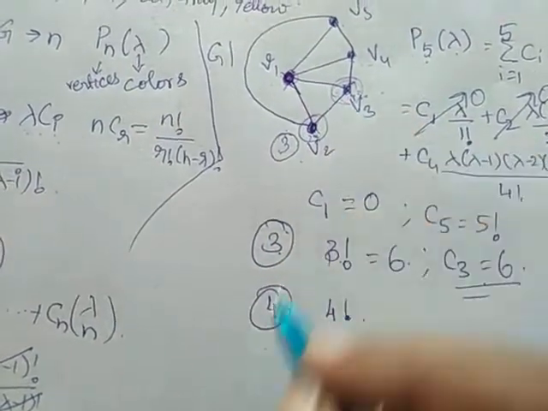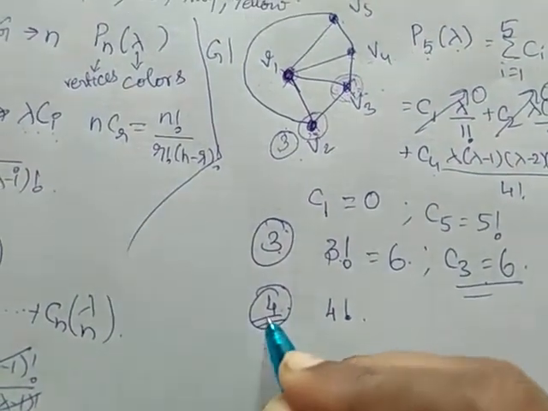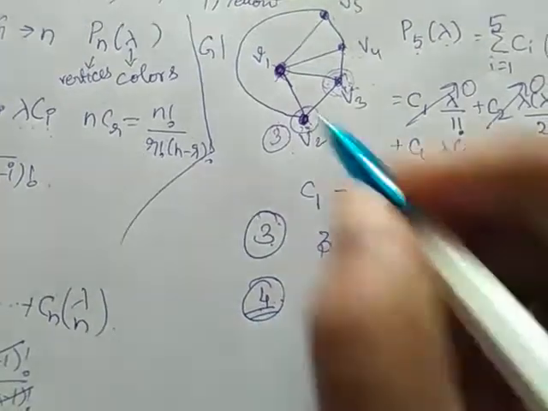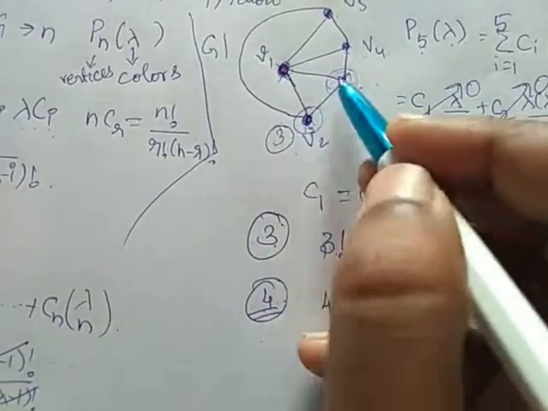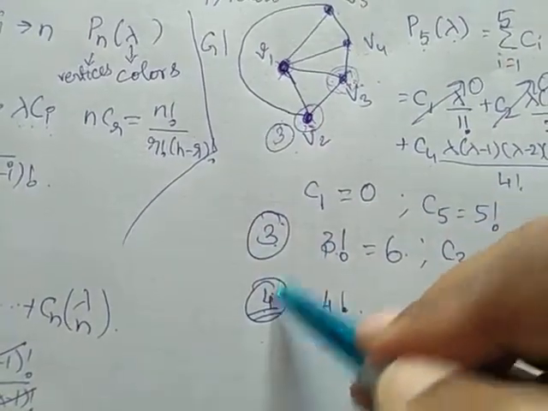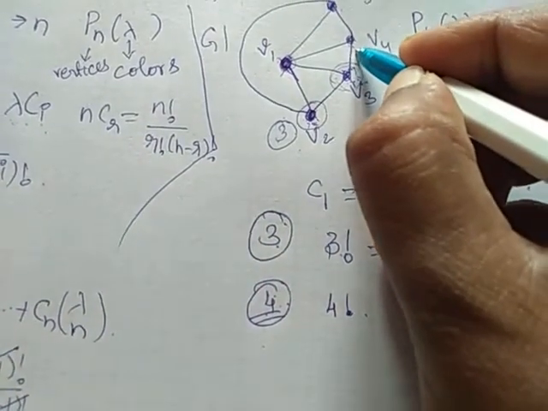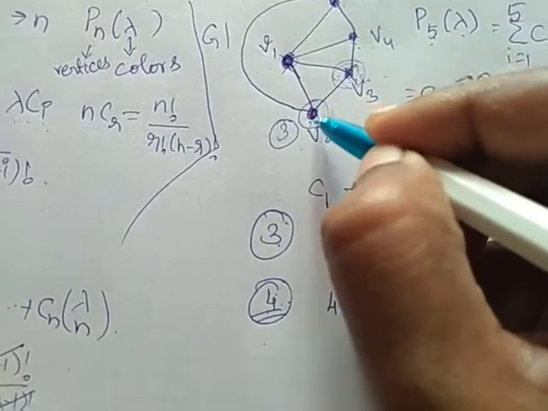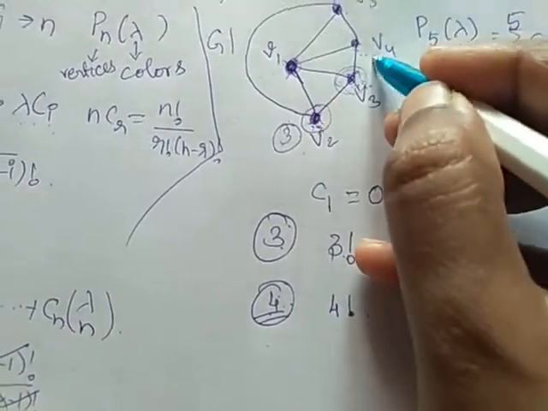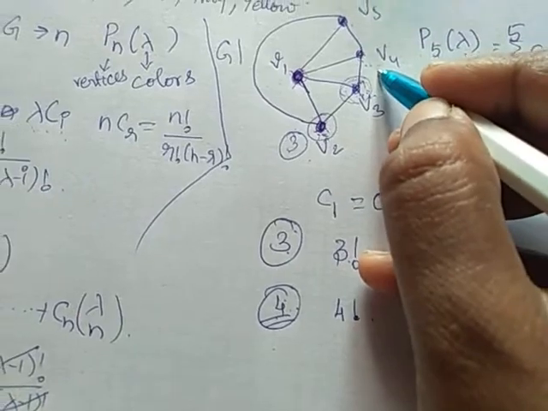We are choosing, now we are having 4 colors. Out of 4 colors, we are choosing some 3 colors here. So, using 3 colors, we are left out with the 4th color. That 4th color we can apply to V4, or we can apply the same color as in V2 to V4. It means it is having 2 options.